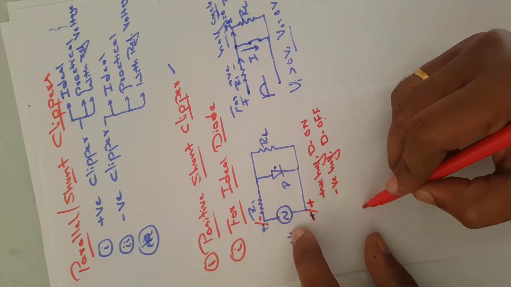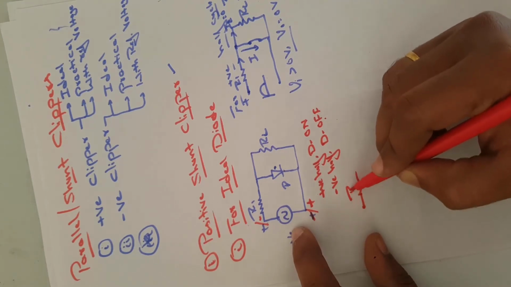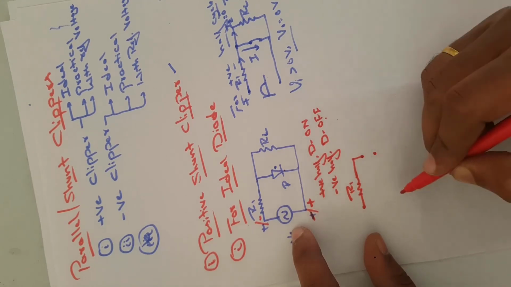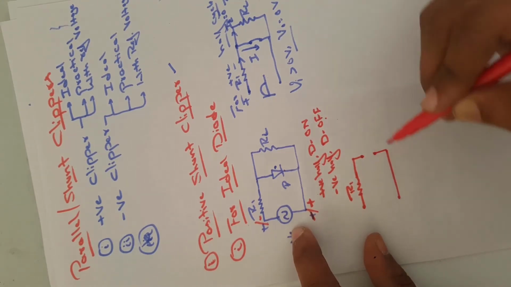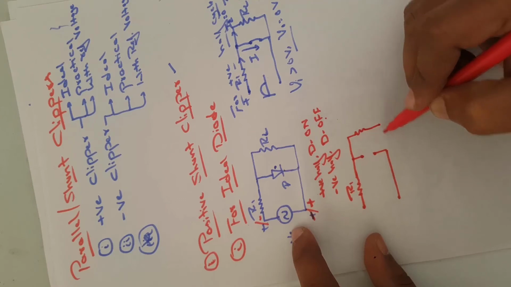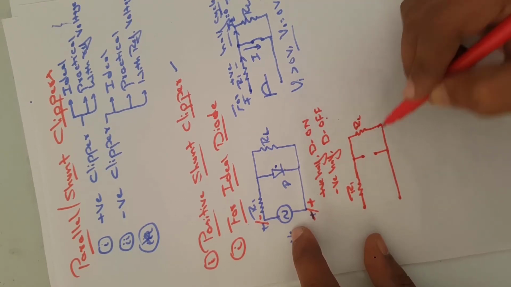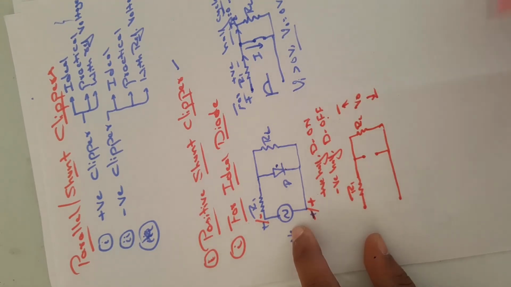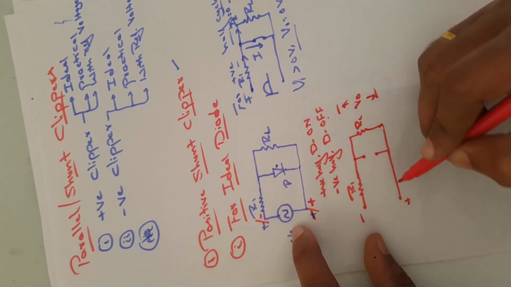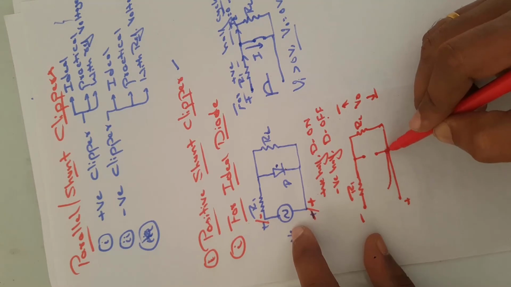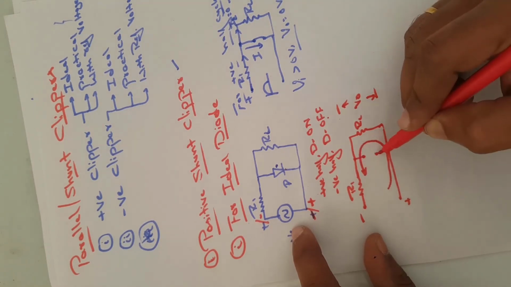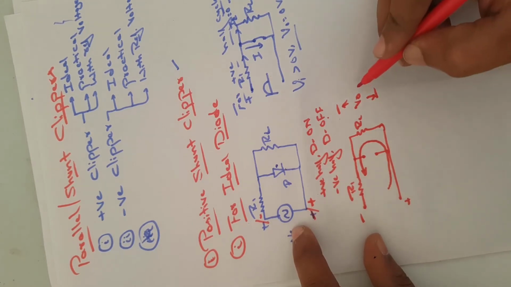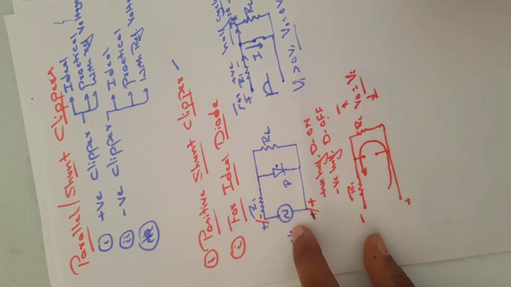So let me write the equivalent circuit for that. This is R1, and the off state diode is represented by an open switch. And here I have the load resistance RL, and here I am measuring the output voltage V0. Since this is positive and this is negative, the current flows in this direction. Since there is no other path, all the current flows towards RL. Therefore V0 is equal to Vi in this case.